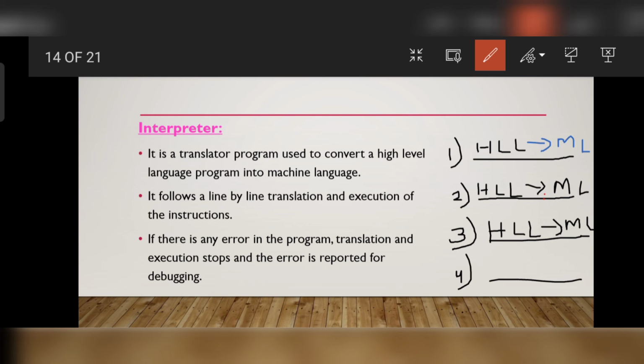The computer will ask us to correct the error. Then if we correct the instruction, the interpreter again translates this instruction into machine-level language code. Again it will be executed, and it will continue the execution until it finds another error, or the program is completed.